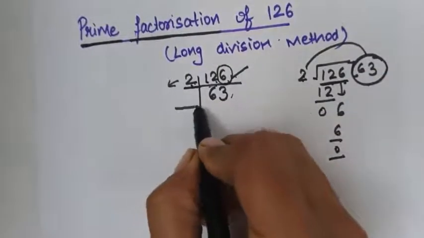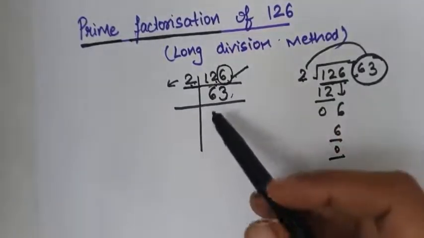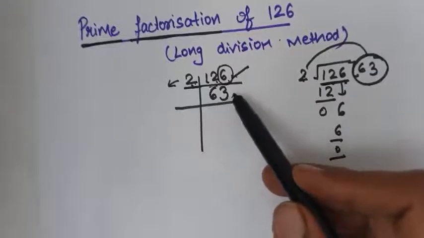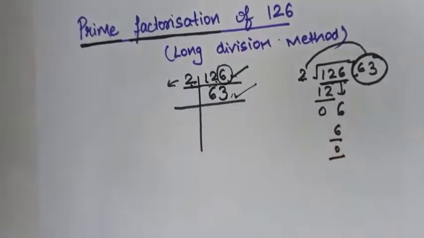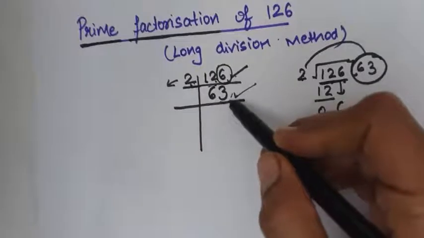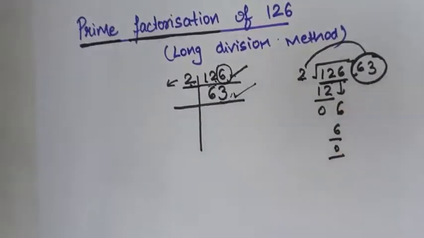Now the next step: again think of the smallest prime number in whose table 63 comes. Is 63 divisible by 2? No, because the last digit is 3. Now, for the divisibility test of 3, what do we do?